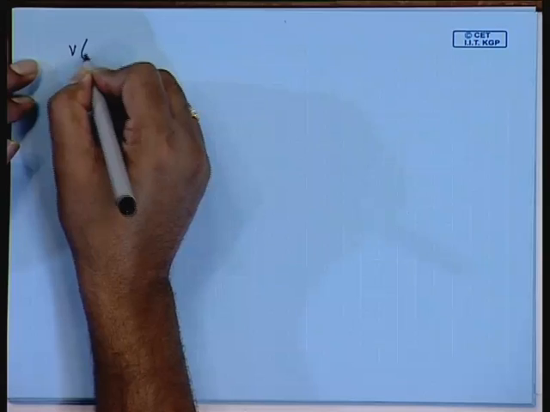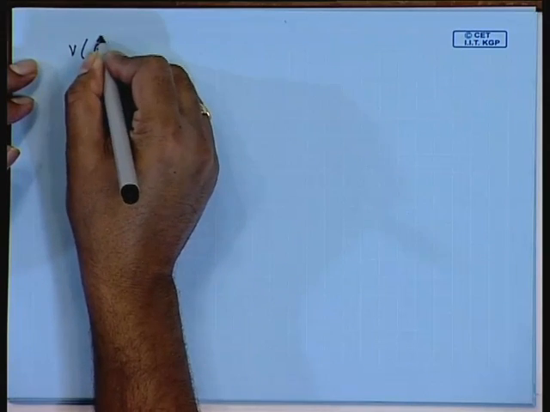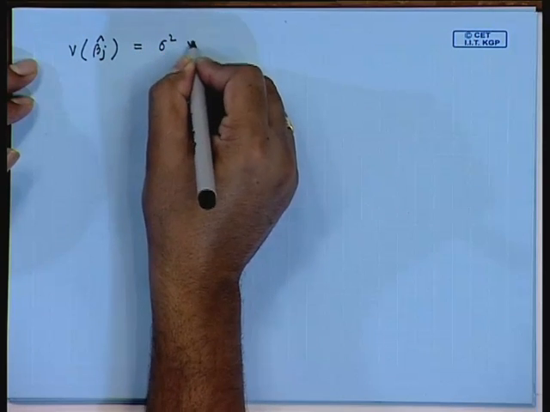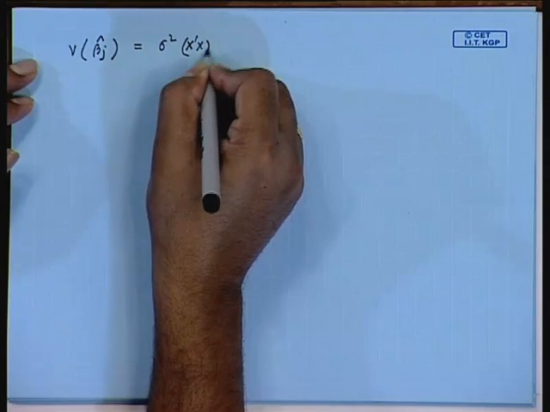So, next we need to find the variance of beta 1 hat and variance of beta 2 hat in terms of the sample correlation coefficient R. Okay. We know that the variance of beta j hat in general is equal to sigma square times the jth diagonal element of (X prime X) inverse.